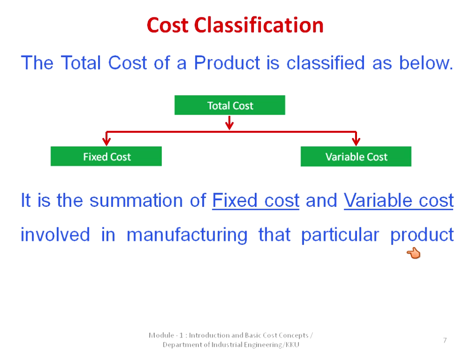The product may be a pencil, a pen, a car, any engineering product. So the total cost is the summation of fixed cost and variable cost. These are the two major costs. This is the fixed cost and this is the variable cost. The summation of these two is termed as total cost on the top.